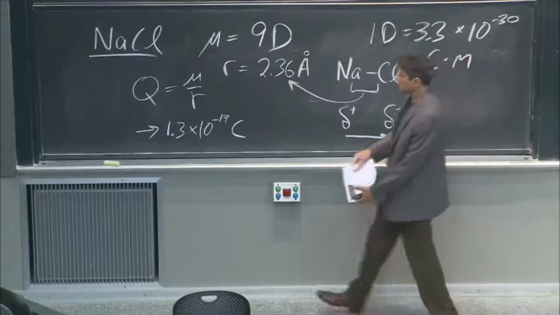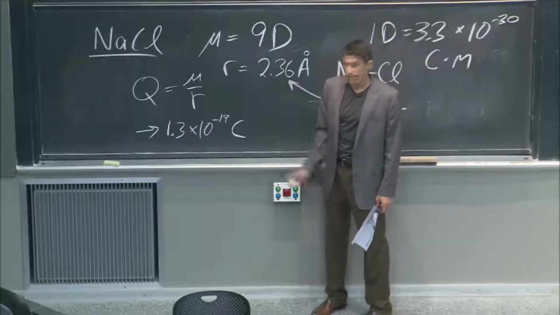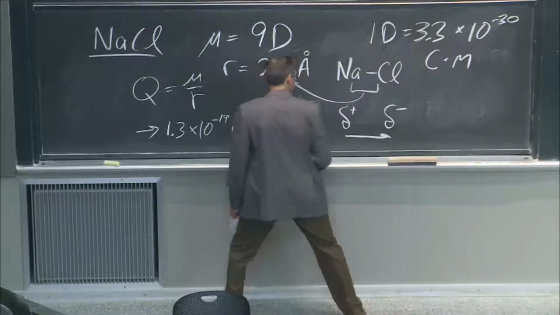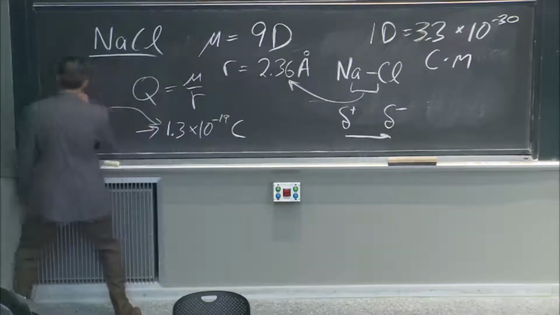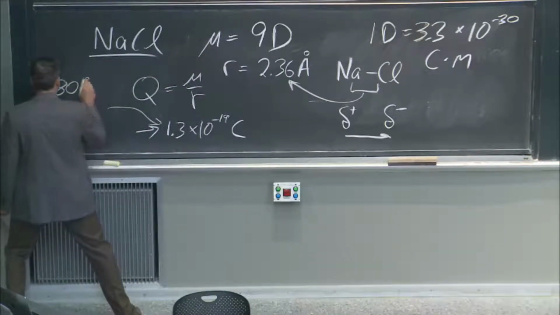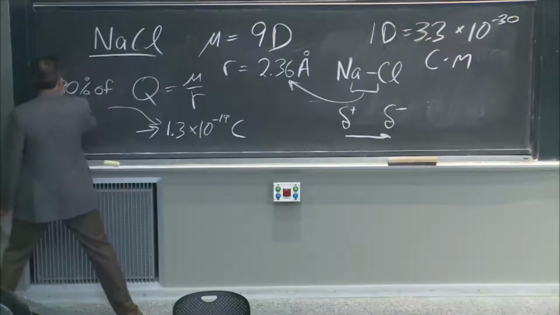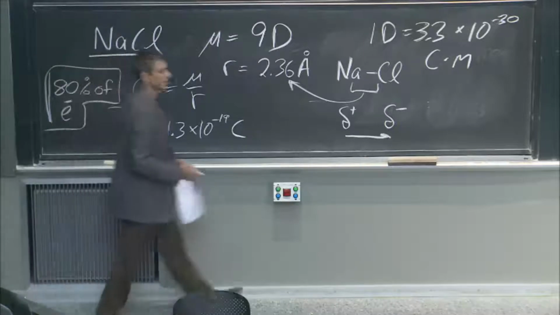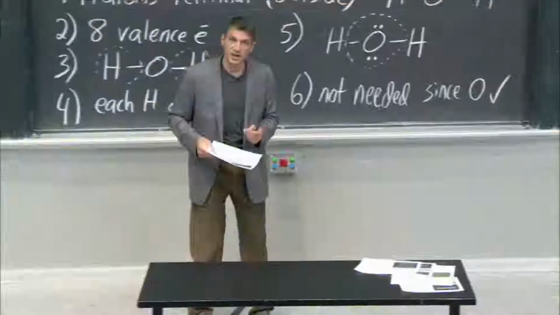But I also know what the charge of a full electron is, and this is almost there. It's something like 80% of an electron. And so that's a pretty strong ionic bond. But it's not 100%, right?